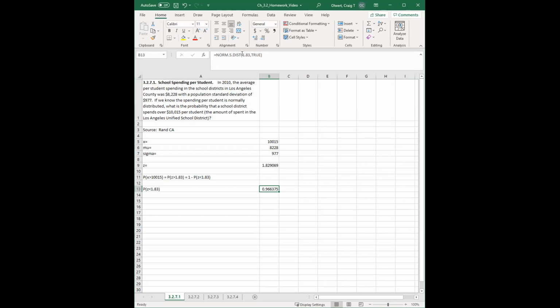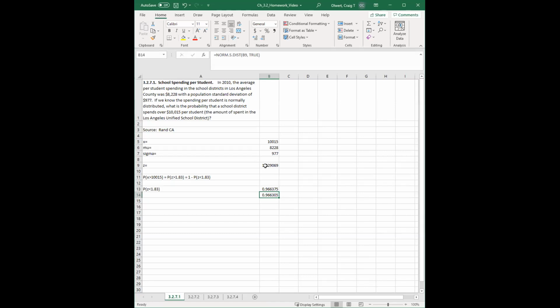Alternatively, you can use NORM.S.DIST, open parenthesis, then click on B9, put a comma, type true, close parenthesis, and you will get a more exact number because the z-score is not being rounded.